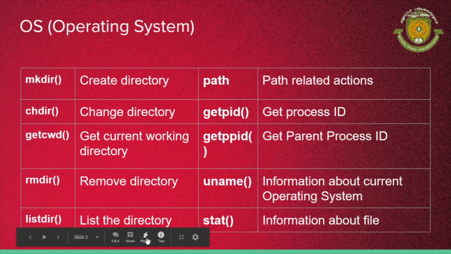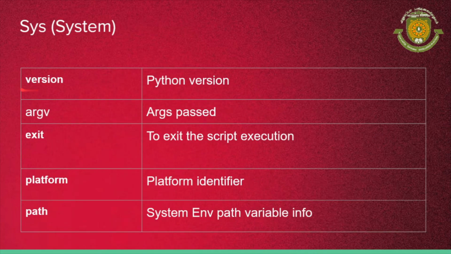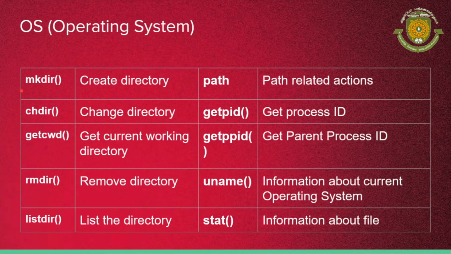You can see almost it's the same one, like this is the same one with makedirs. chdir, this one is changing directory, and getcwd, as we have already seen, get currently working directory. rmdir means like remove directory. listdir, listing the directory. So mostly the name itself will be representing the activity or functionality.